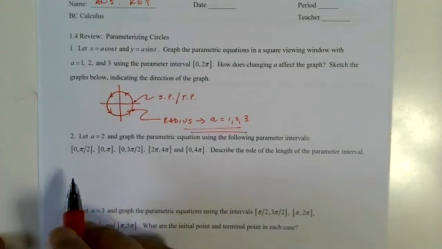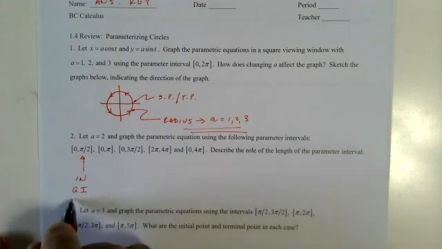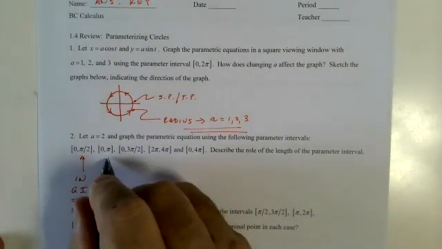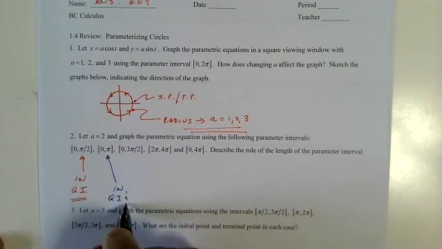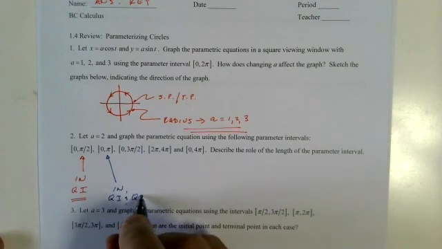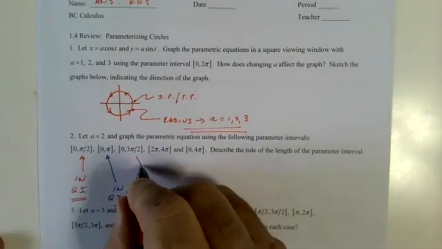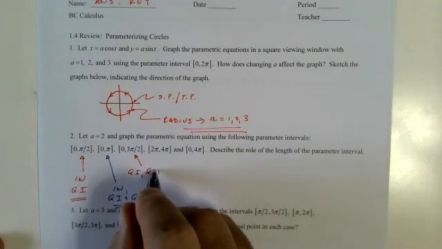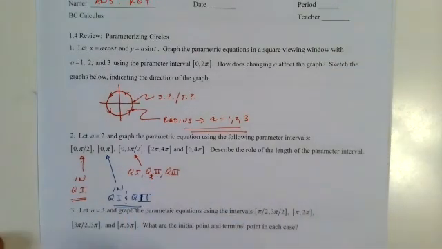So what happens if you just make it from 0 to pi over 2? It would just be in quadrant 1. 0 to pi. And I recommend you put all these into your calculator. Just be in quadrant 1 and quadrant 2. Now how about 2 pi to 4 pi?